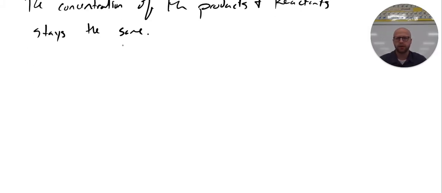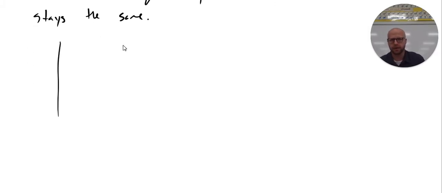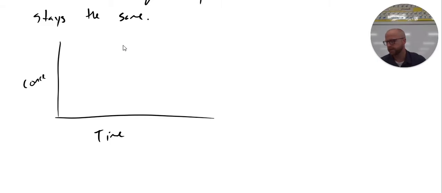Okay? And if you were to look at this graphically, it might look something like this. Let's say we have time on the x-axis, and concentration on the y-axis. And let's say we have that reaction. We'll say we start with no B. Say B is that color, and A is this color.